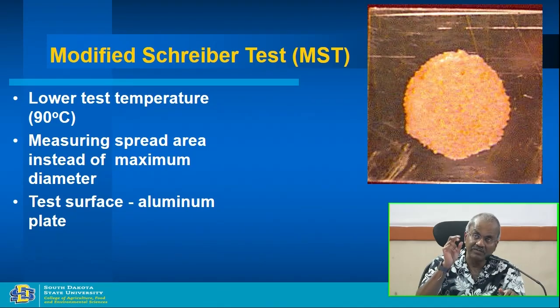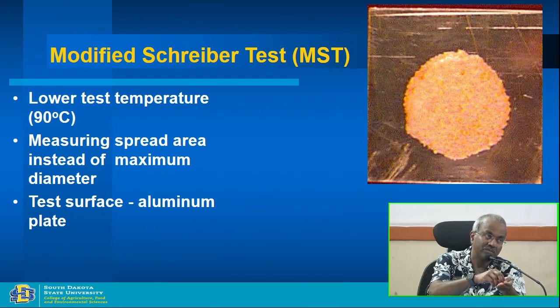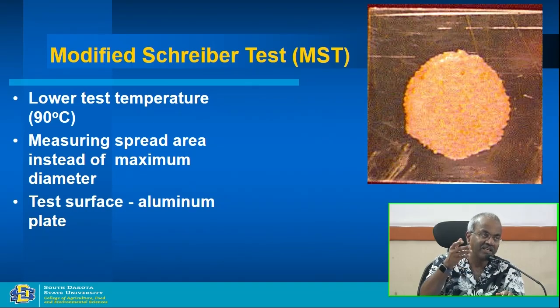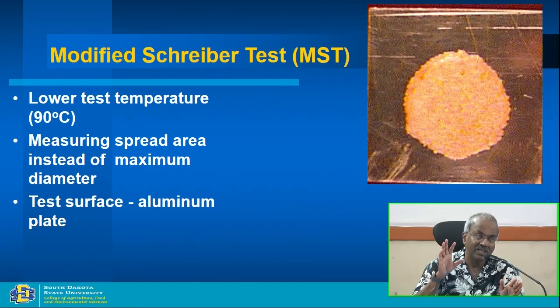He took a circular piece of cheese, about 5 gram, put it in a petri dish, and put it in an oven set at 180 degrees Celsius, because that is the condition the pizza oven works at. He heated it for 5 minutes or so, took it out, and after it cooled down, he measured the area. He called it the Schreiber test.